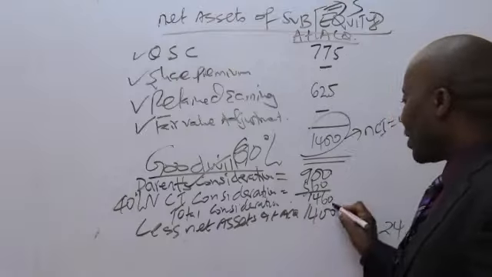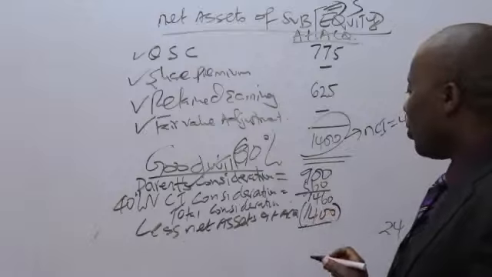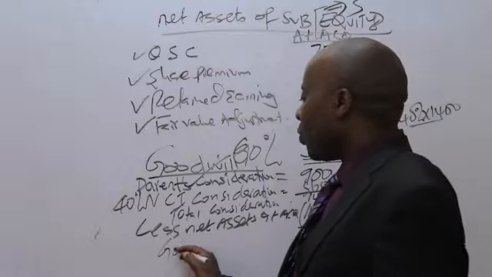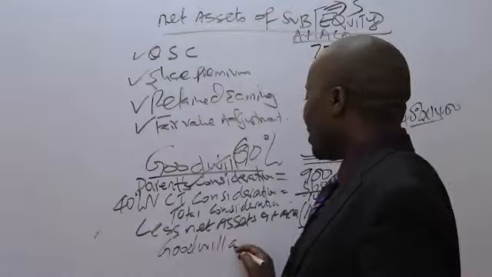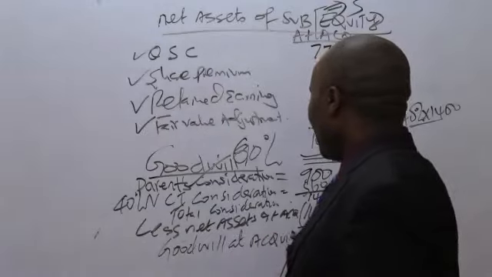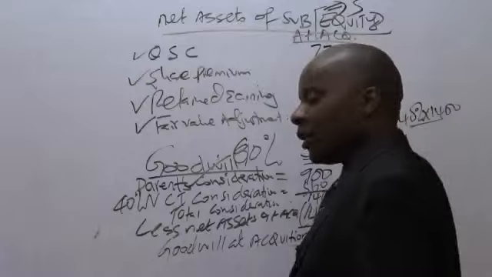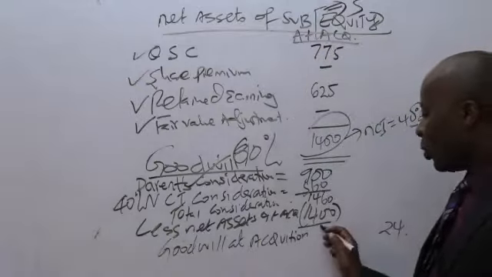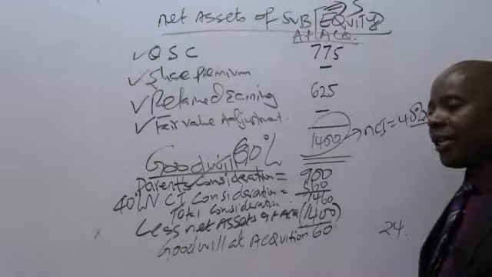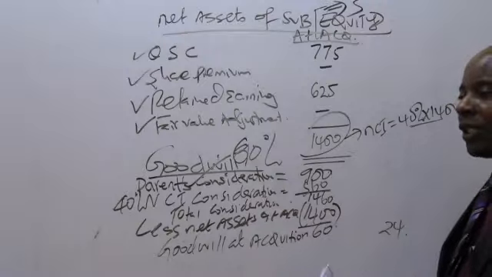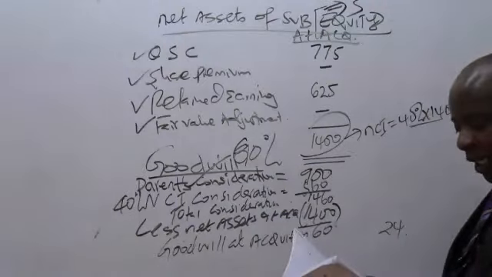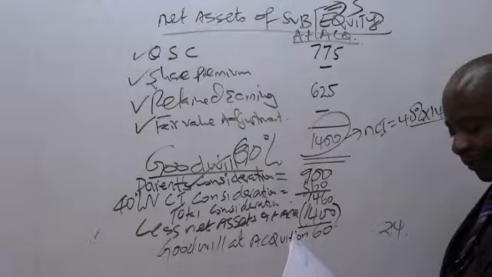So then come and subtract the net assets like that for you to be able to give us goodwill at acquisition. So goodwill at acquisition will be 60.